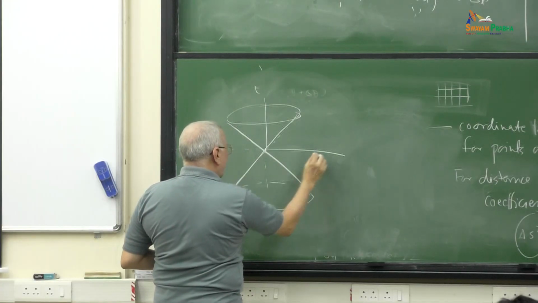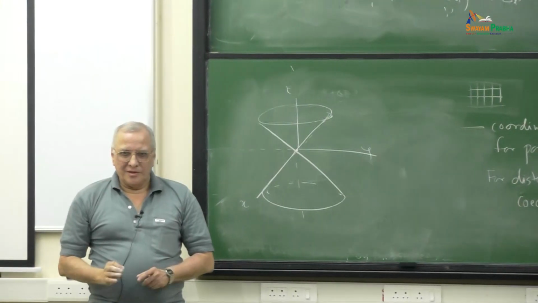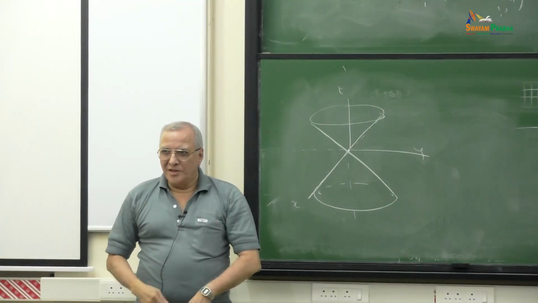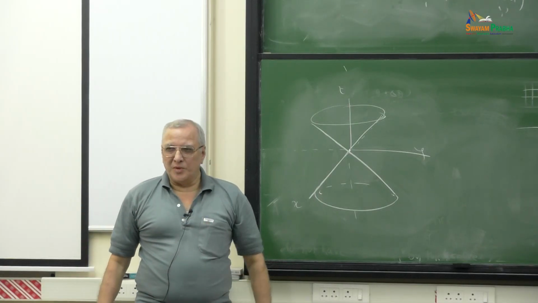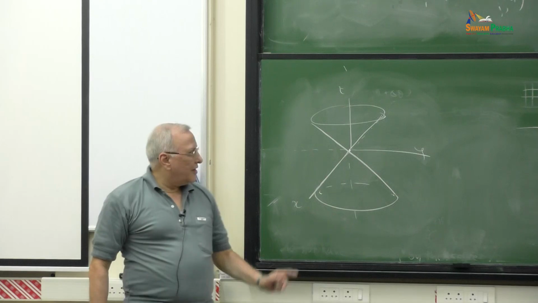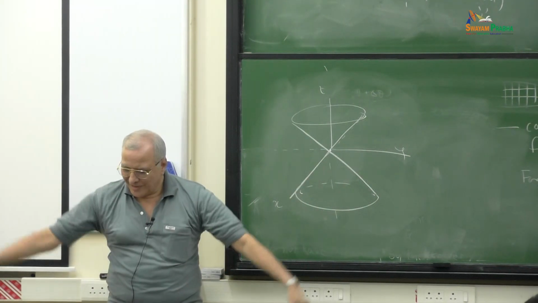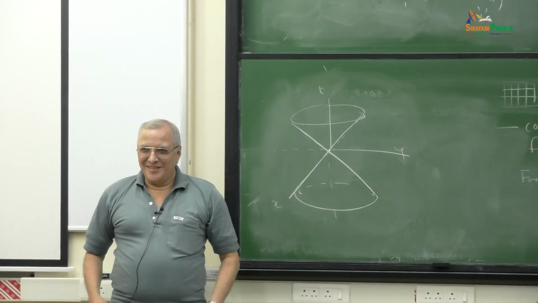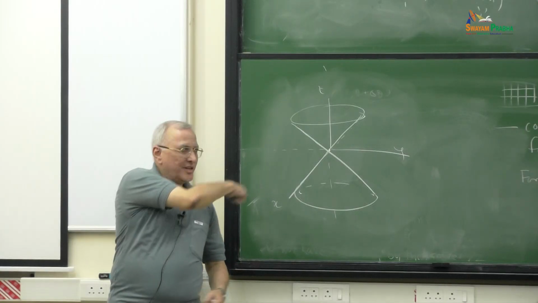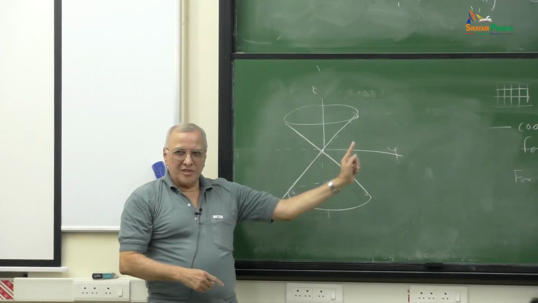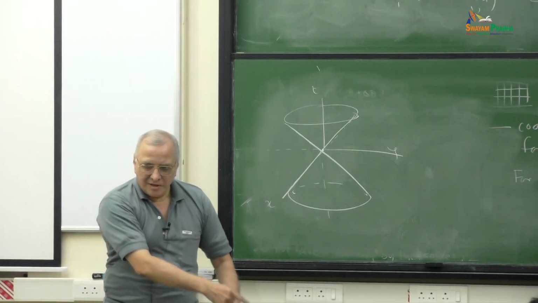This is x axis. This is y axis. So now imagine this is x axis, y axis, and what we would call z axis I am calling t axis, because we are in two space dimensions. Okay, I am not sure this picture is good enough, but I will try. This is x axis, that is y axis, and z axis where I am standing is actually the time axis. So I draw a circle around it, which means x y values. So in the x y plane it is a circle. So I draw a circle here.